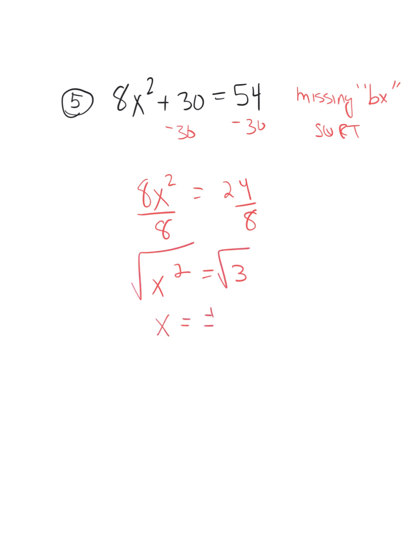Make sure that you put the plus or minus there, and then go to your calculator, and we'll need to do the square root of 3, and that'll give us 1.73. And so that'll tell us there's an intercept at 1.73 and an intercept at negative 1.73.